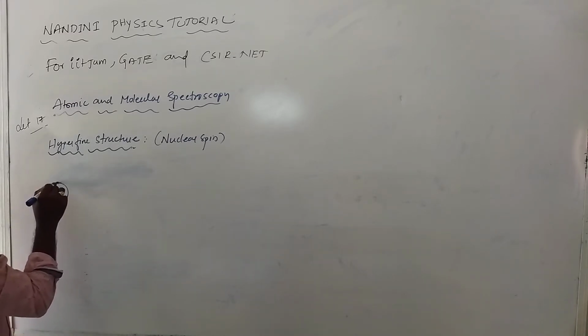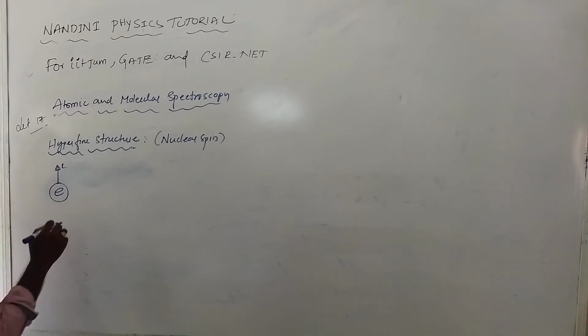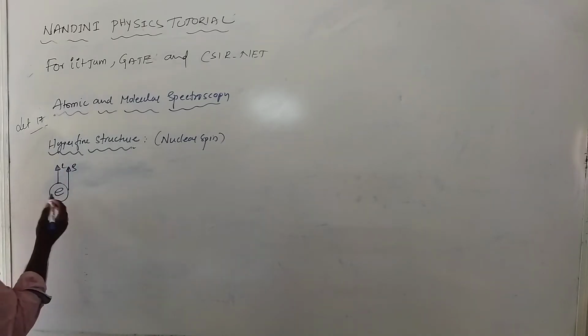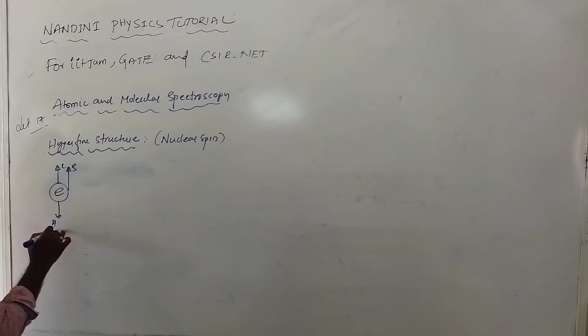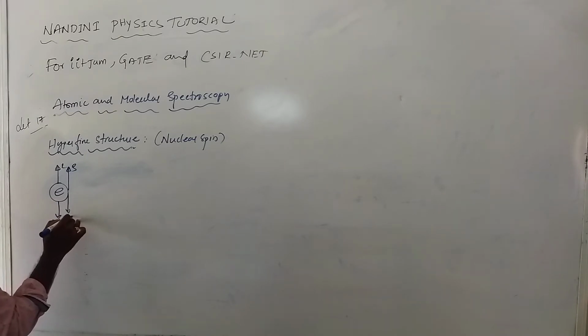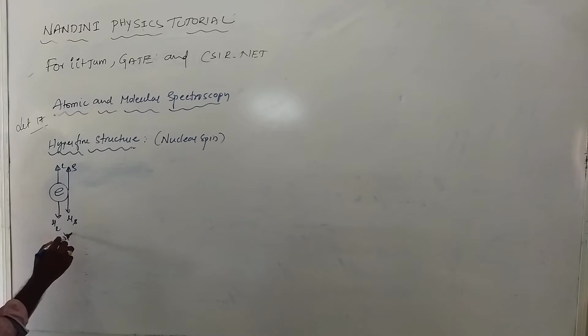Due to orbital motion it provides some orbital angular momentum L, and similarly spin angular momentum S. It also produces orbital magnetic moment mu L as well as spin magnetic moment. These two combine to form mu J, the total angular momentum magnetic moment.